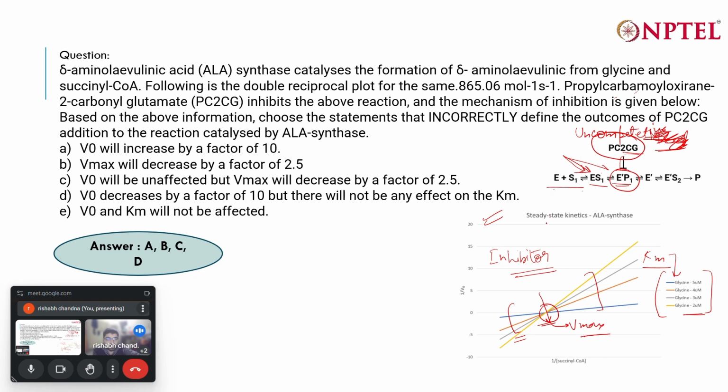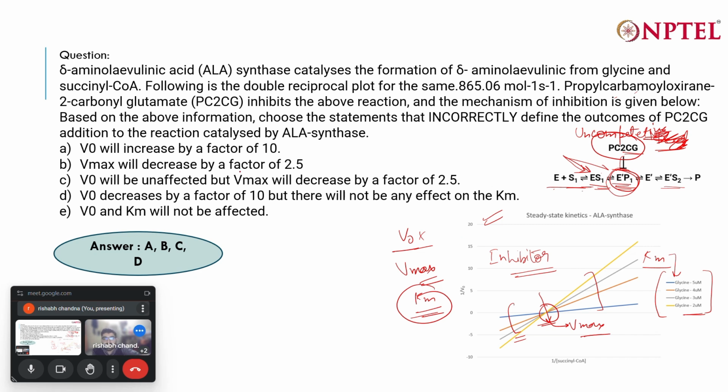So in that case, V naught will not be affected, V max will not be affected, because here it is the first substrate and it is being bound to the first intermediate that is being formed. Similarly the Km will also depend upon the rate constant for the first substrate followed by the rate constant for the second substrate.